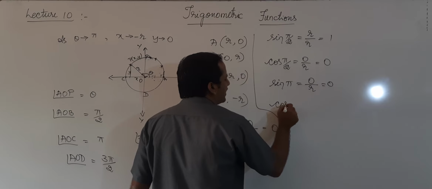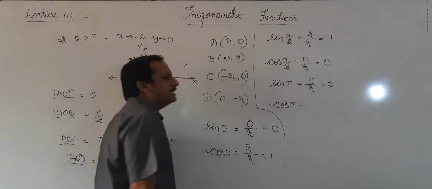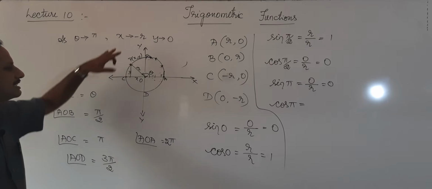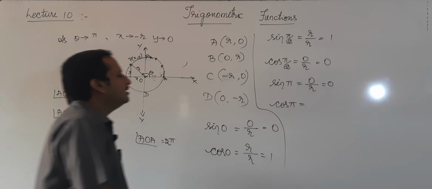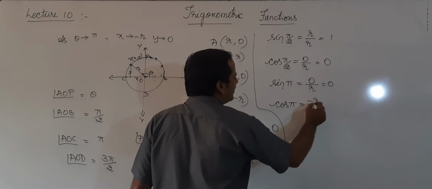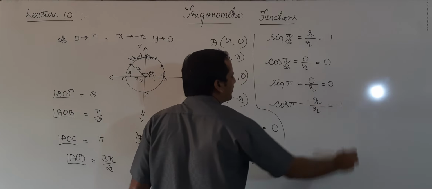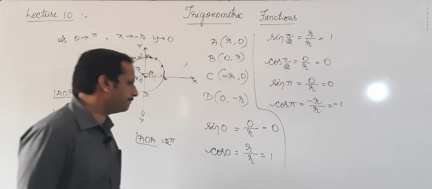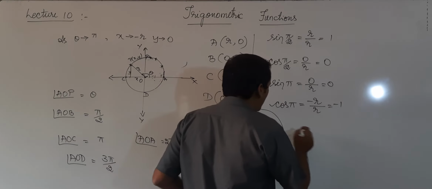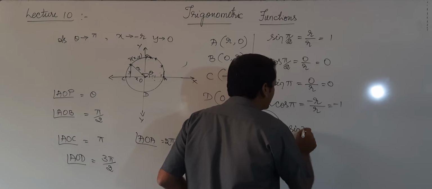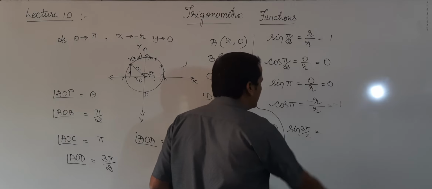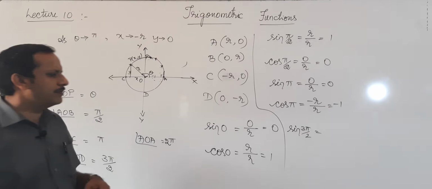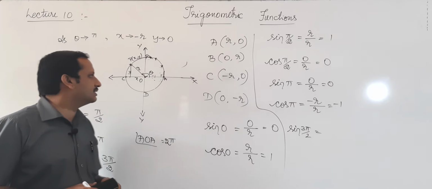Then cos theta is equal to x by r, x is approaching minus r. So you get minus r divided by r, that's equal to minus 1. Cos pi is minus 1. So remember this, sin pi is 0, cos pi is minus 1.